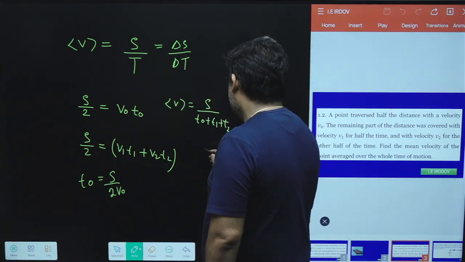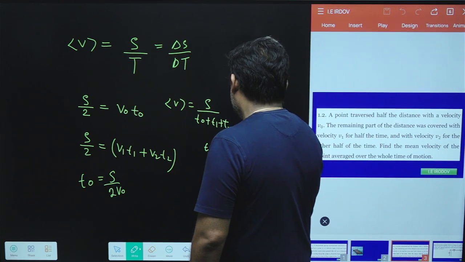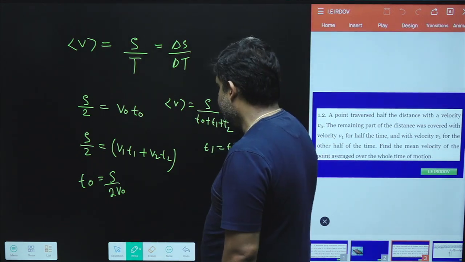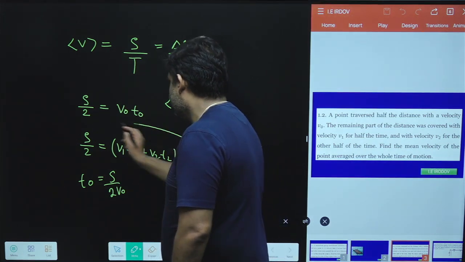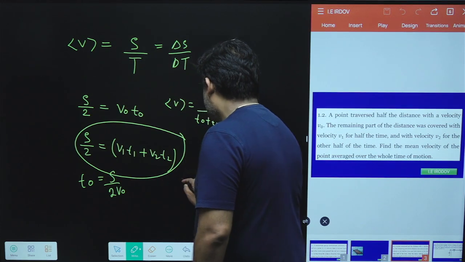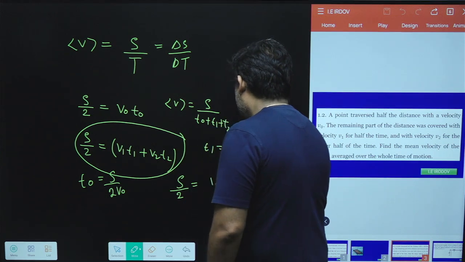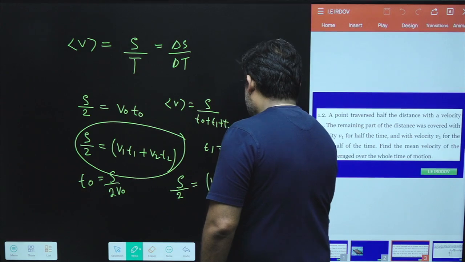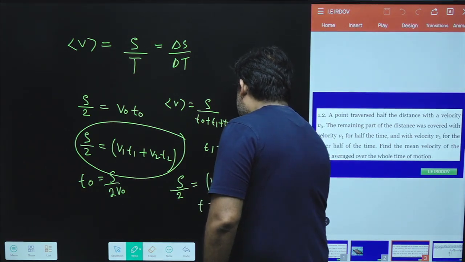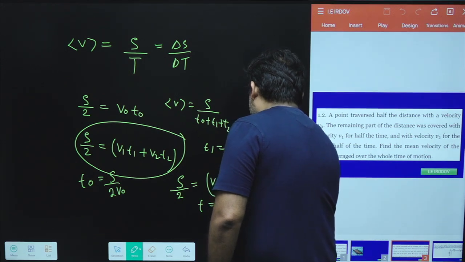So here we are just talking about T1 is equal to T2 is equal to some time T. Then for this particular equation, S by 2 is equal to V1 plus V2 into T. Then what will be my T? My T is equal to S by 2 times V1 plus V2.